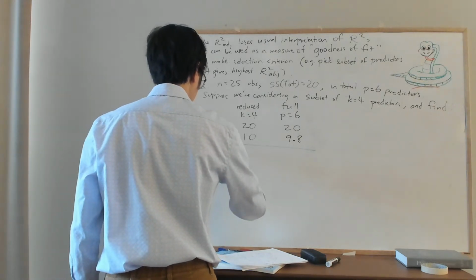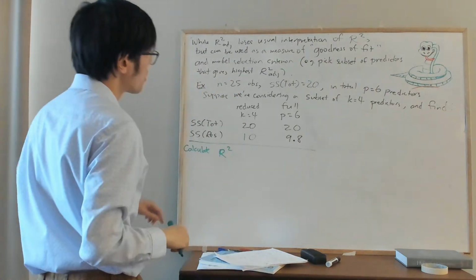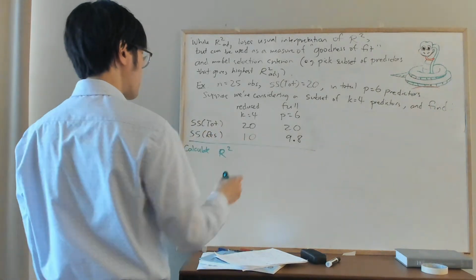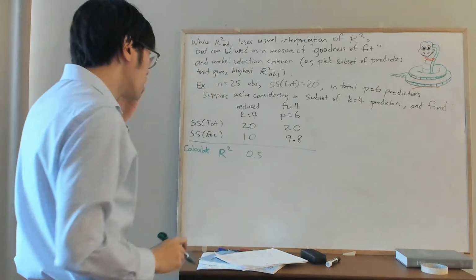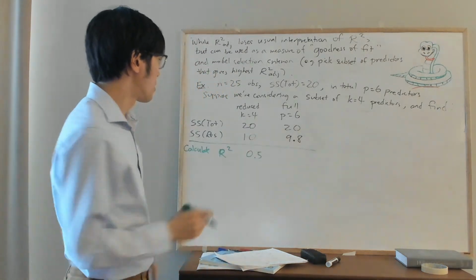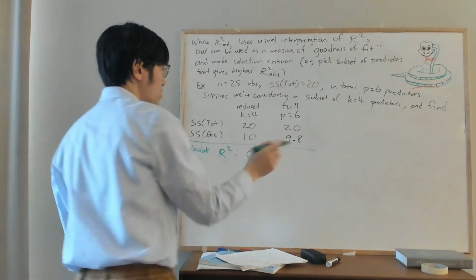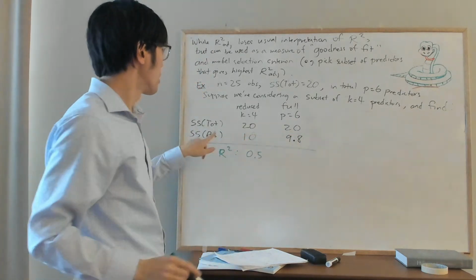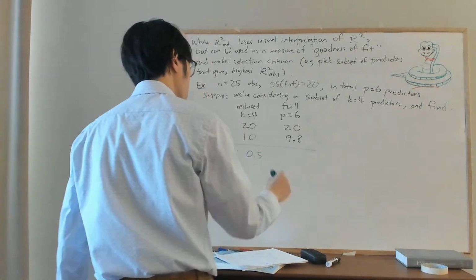Let's calculate R squared first. This R squared is the fraction of variance explained. In this case, it's just 10 out of 20, so this is 0.5. In the model with 6 predictors, R squared is going to go up, right? Because the sum of squares residual has decreased a little bit.